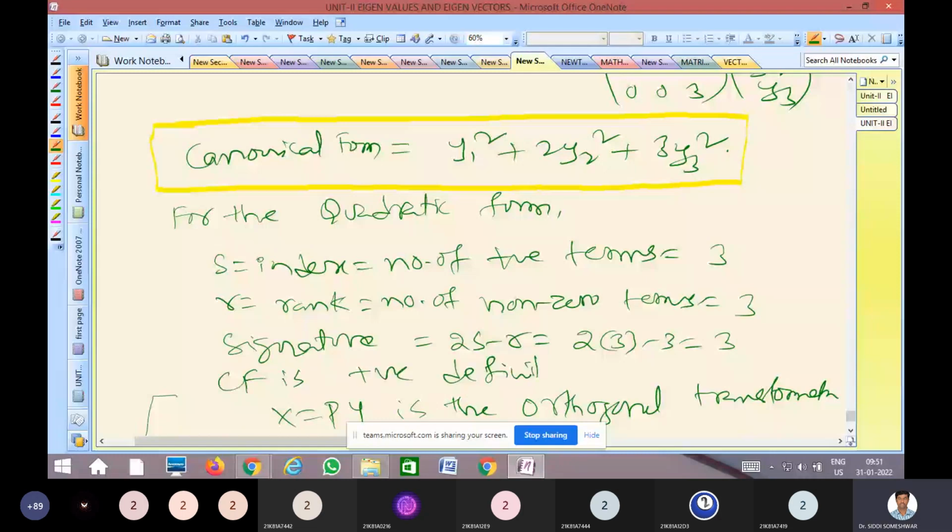So this is the nature here. The quadratic form is positive definite because all the terms are positive here. Rank is equal to n and s equal to n. Therefore, the given quadratic form is positive definite. So I hope this is clear for all of you.